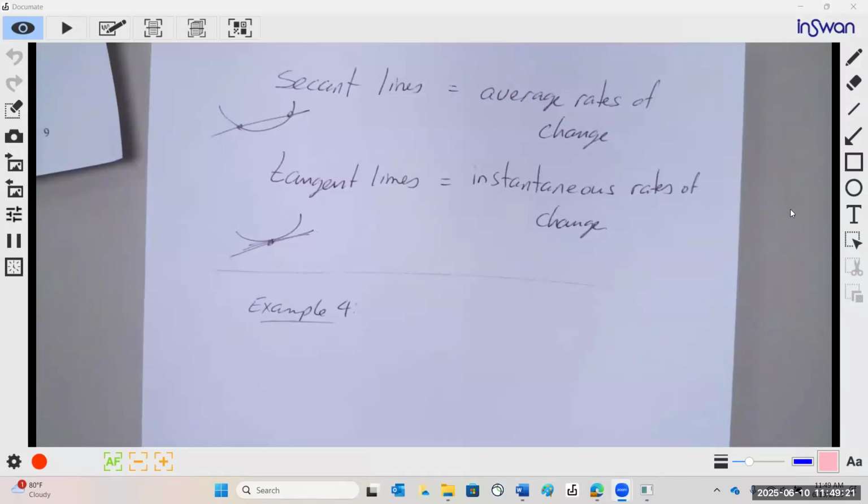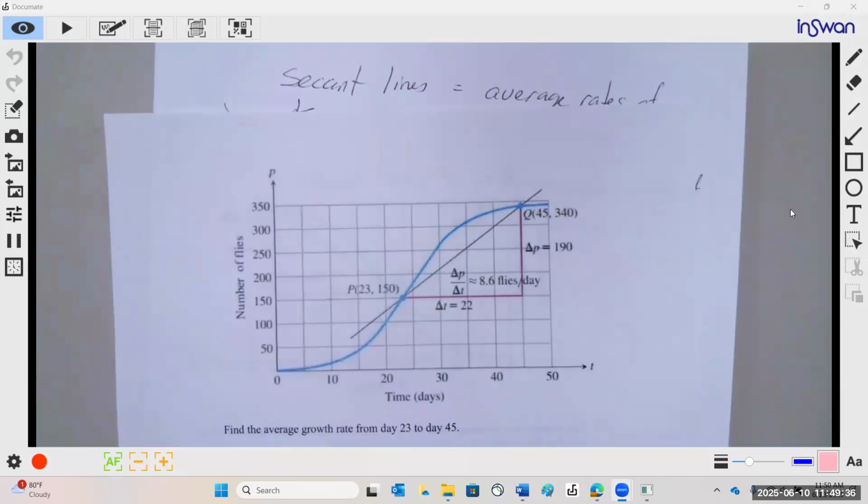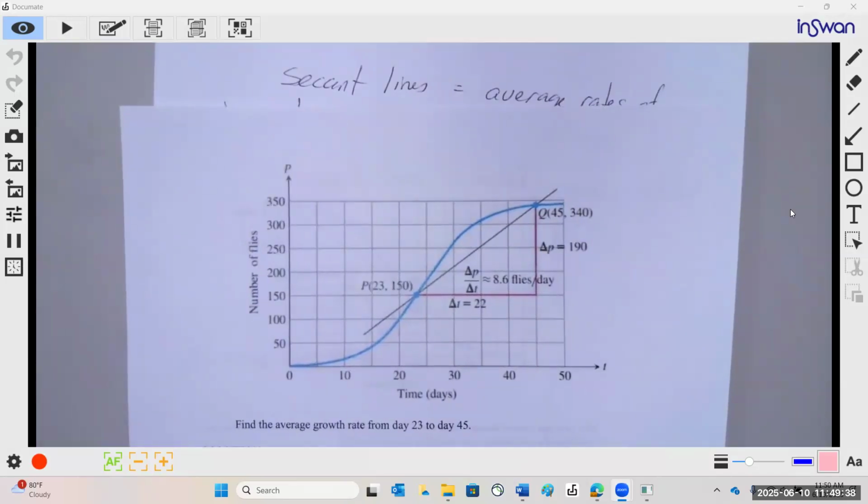The number of flies was counted at regular intervals, the values plotted with respect to the number of elapsed days t, and the points joined by a smooth curve. And here we go. So these are how many fruit flies we have over a 50-day period.